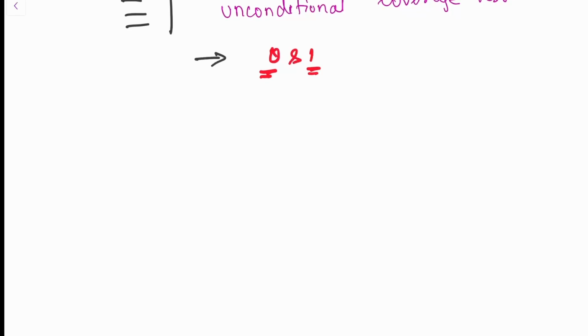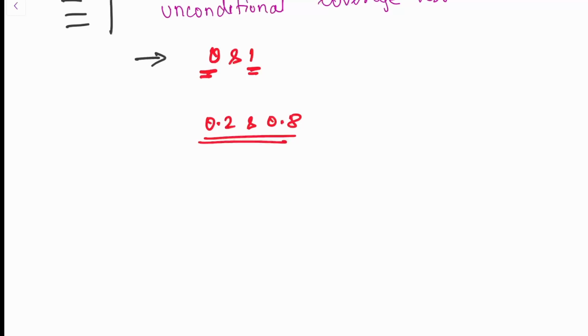Clear? If the PIT values are mostly between 0.2 and 0.8, then the model is too conservative. Write down, the model is too conservative. Clear?